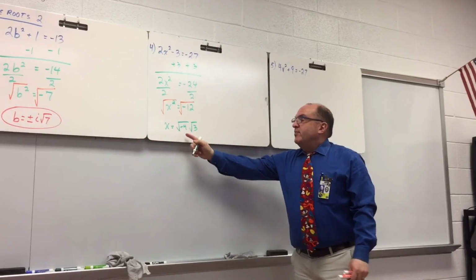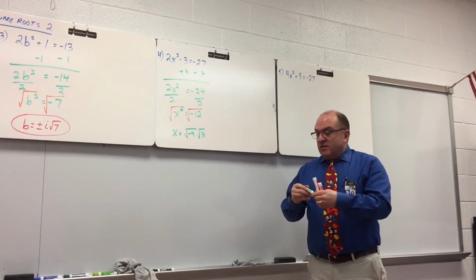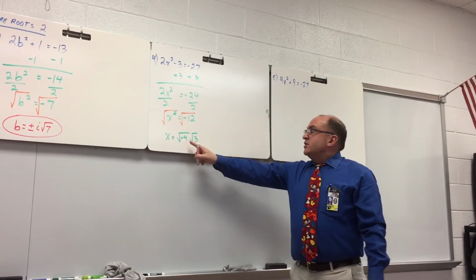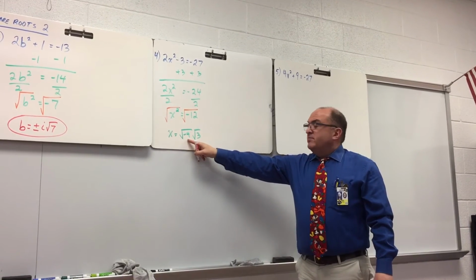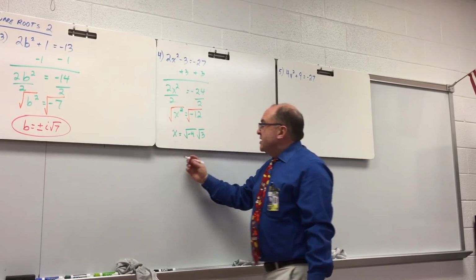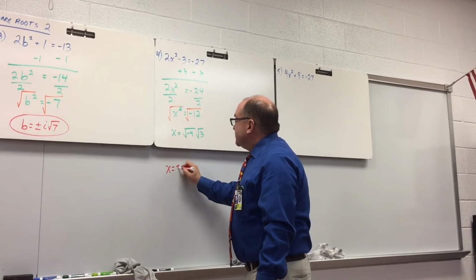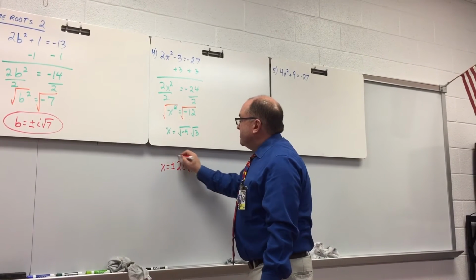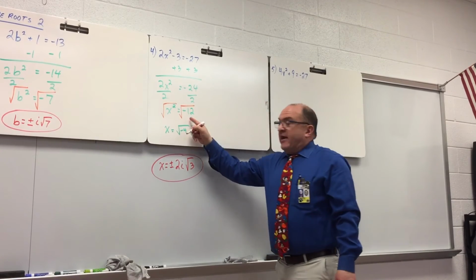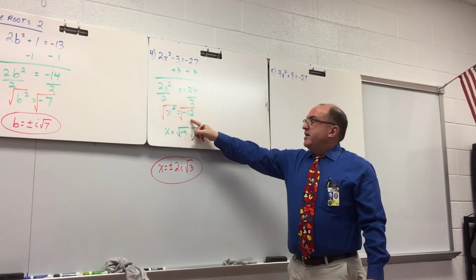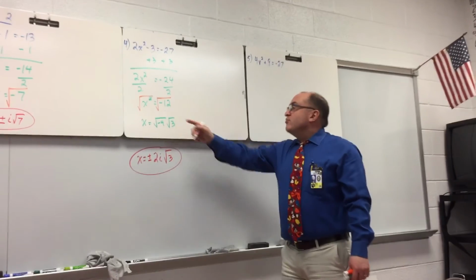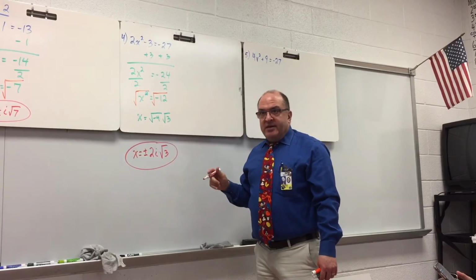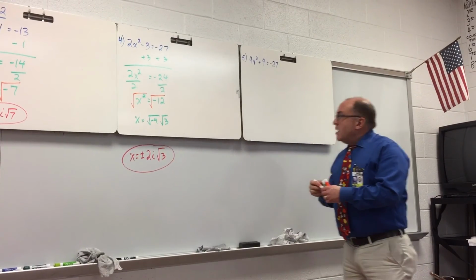Okay? We keep the negative with the perfect square. Now, so final answer, the square root of negative 4 would be 2i, right? So x equals plus or minus 2i square root of 3. Okay? If you can break down a square root to have a perfect square inside, do that, okay?